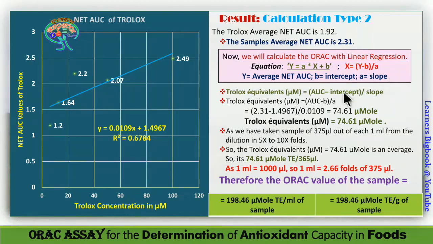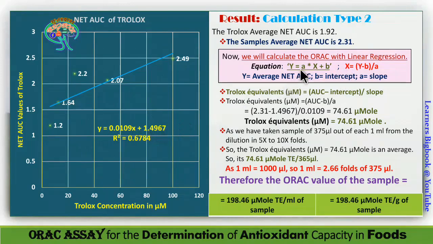Now when you subject these Trolox net AUC values to the linear regression line, I hope you know how to generate this. You will get the equation y is equal to 0.0109x plus 1.4967.